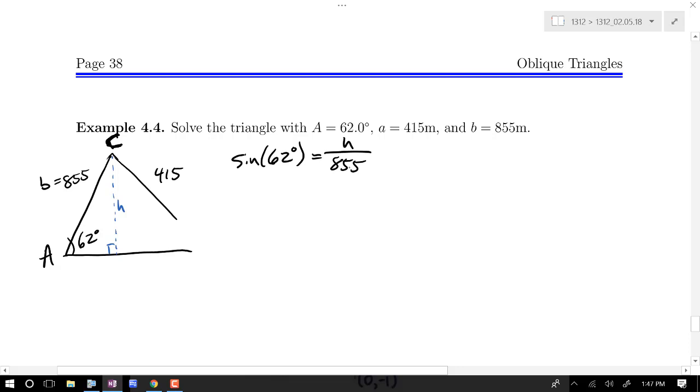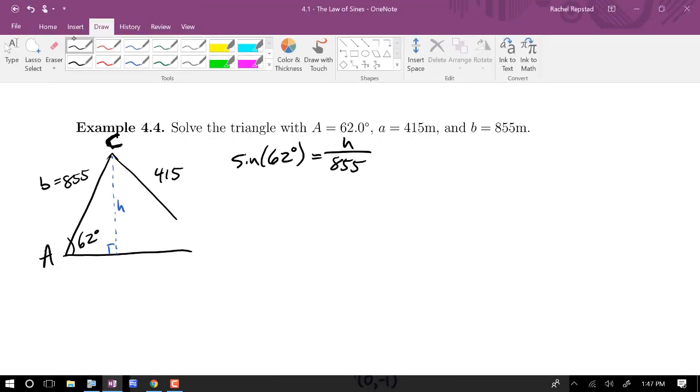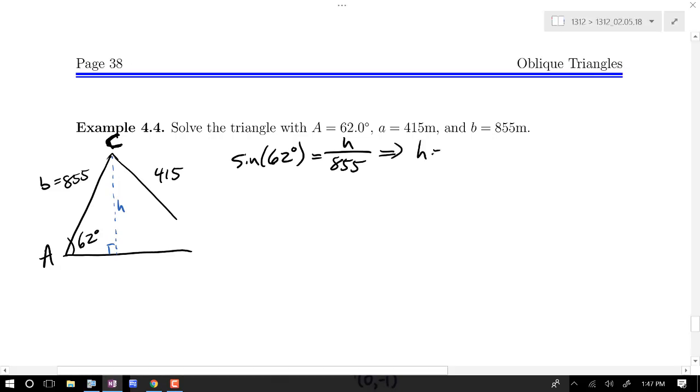This scenario, when we know that we're in the ambiguous case and we're not sure if we even make a triangle, so we have to find the height, is the only scenario where you're going to use SOHCAHTOA in an oblique triangle problem. If you find yourself using SOHCAHTOA to solve for the actual pieces of the triangle they're telling you about, something's wrong. SOHCAHTOA only applies to a right triangle, and it's only because we drew that perpendicular that we have a right triangle. So we know that H is 855 times the sine of 62.